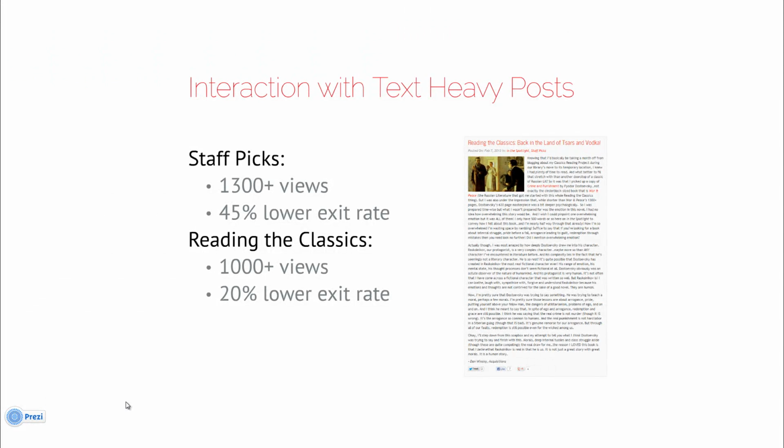Anything that was a staff picks over the past year had over 1,300 views, and the thing that really jumped at me was that they had a much lower exit rate, meaning anybody who was looking at a staff picks post was 45% more likely to keep interacting with the Lawrence Public Library website, whether it was to check out the book that was being discussed or to look at another book review, whatever it was, they wanted more of the website if they looked at a staff picks site.